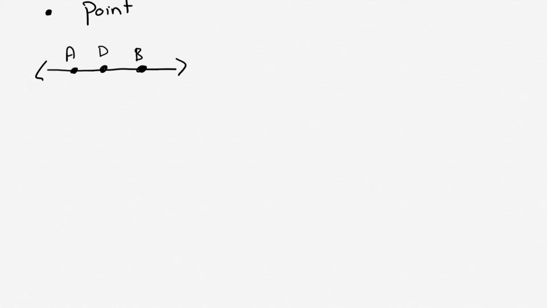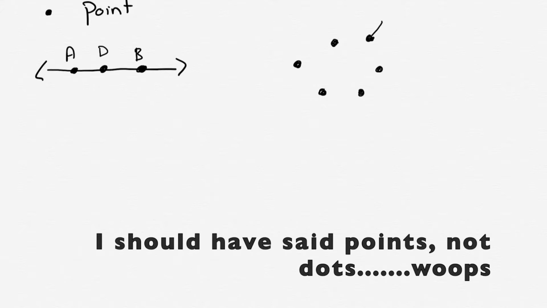But one of the important definitions of the line is through any 2 points there is going to be a line. Okay, so over here I'm going to kind of show you what that looks like. I'm going to just draw some random dots, and it doesn't matter which 2 dots we choose, we're going to be able to draw a line through them. So if I pick this dot and this dot, bam, I have a line.